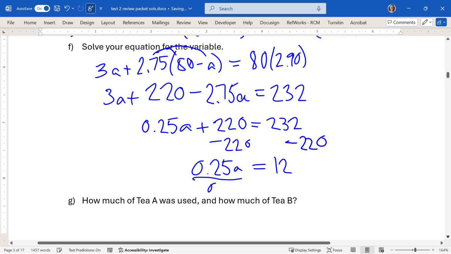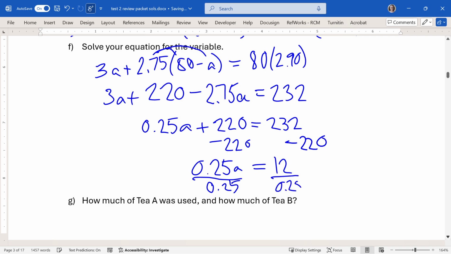I think dividing by 0.25 is the same as multiplying by 4, so this should be 48, I think. Of course, you can use a calculator for that as well. Okay, so A is going to be 48.